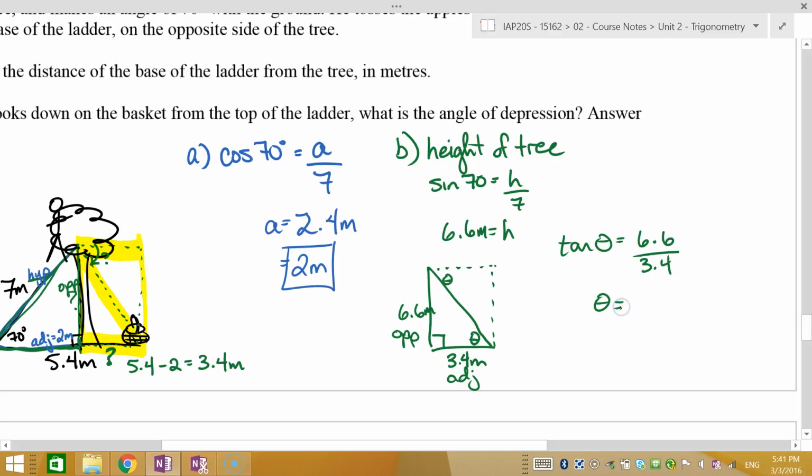Theta would then be tan inverse of 6.6 divided by 3.4, or 63 degrees. And you can round to the nearest degree, and that's perfectly fine. That's my angle of depression. And that's how you do this question.